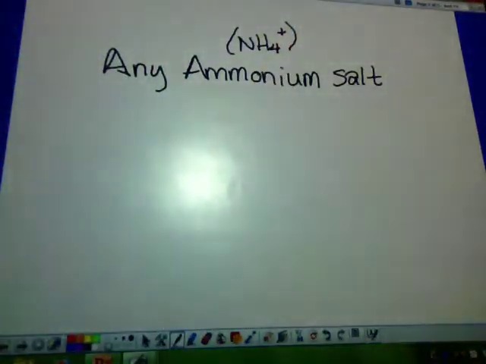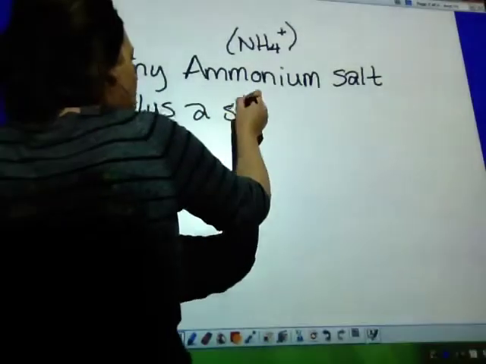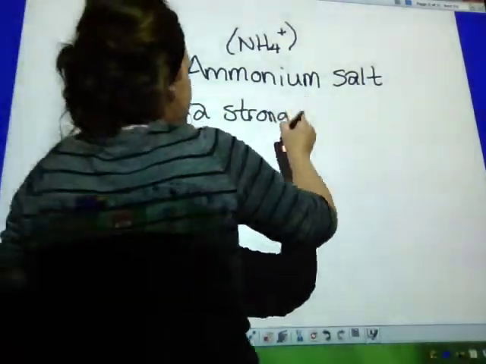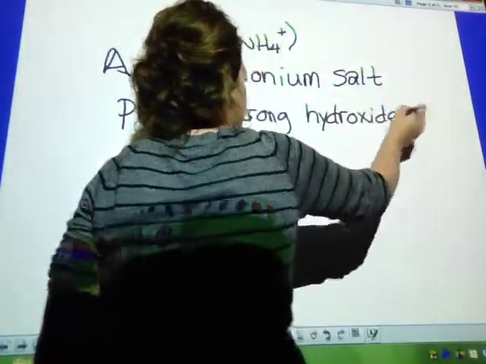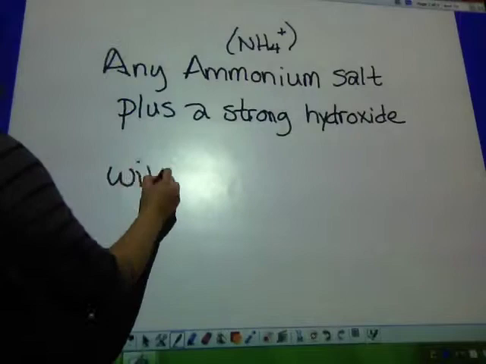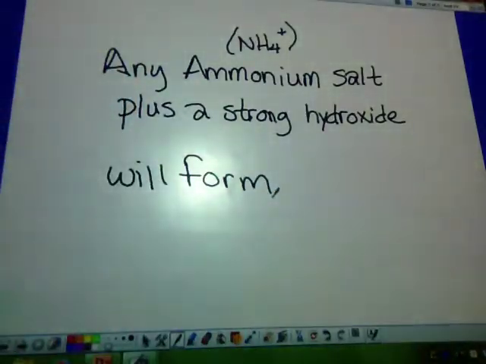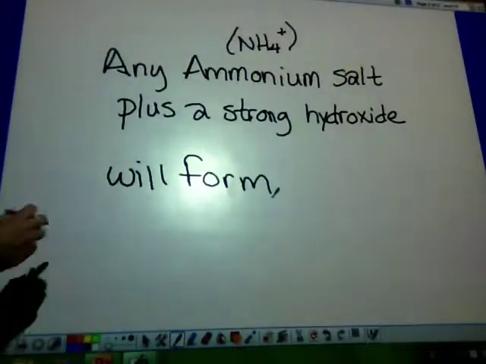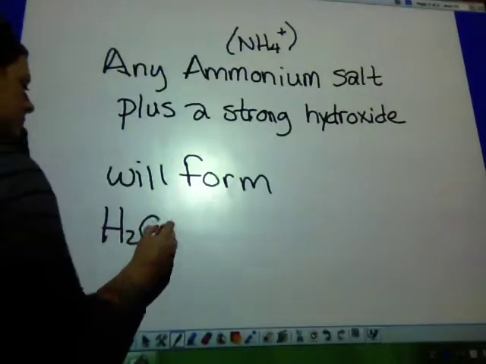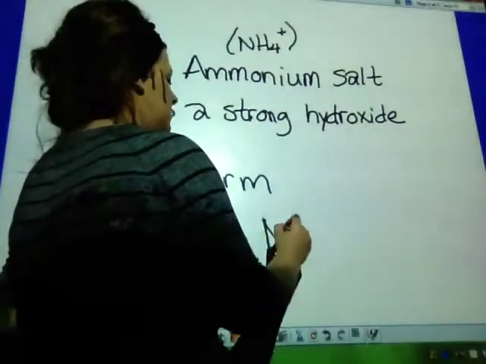Any ammonium salt plus a strong base, a strong hydroxide, is going to form water, salt, and ammonia, NH3.